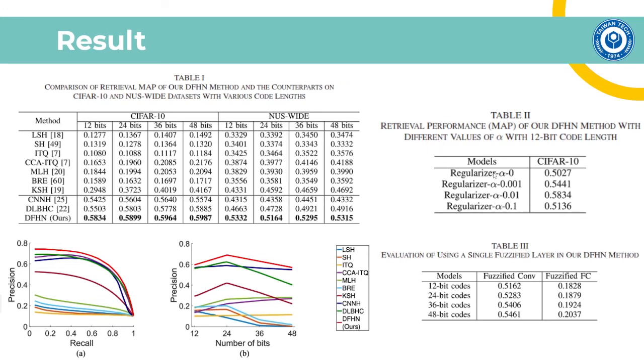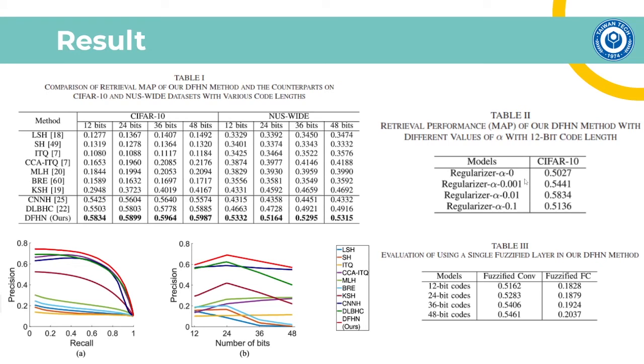And they also perform the ablation study of the regularizer alpha value in the proposed method. This alpha means the importance of the Hamming distance between the two hash codes. So this is defined in the loss function. So if they use alpha 0, there is no importance of the Hamming distance in the loss function equation.